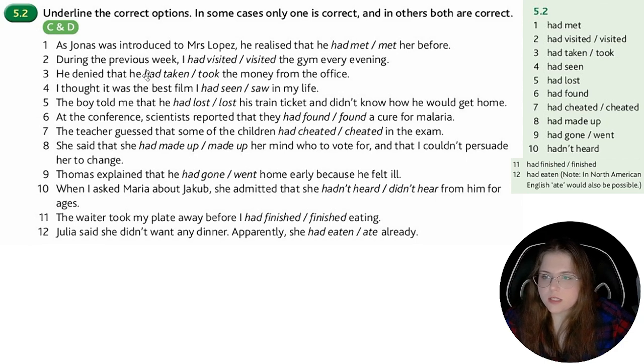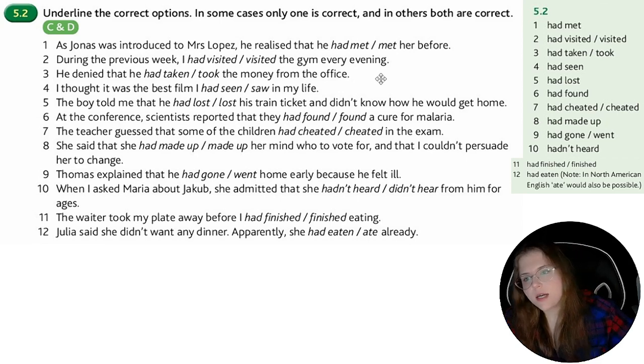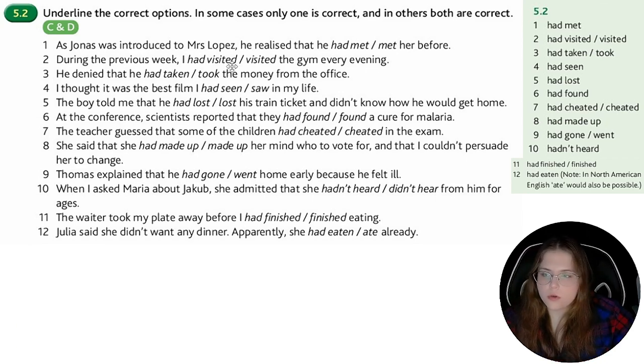He denied that he had taken or took the money from the office. He denied that he had taken this money before that dialogue. Or he denied that he just took it. We don't know exactly when it was.